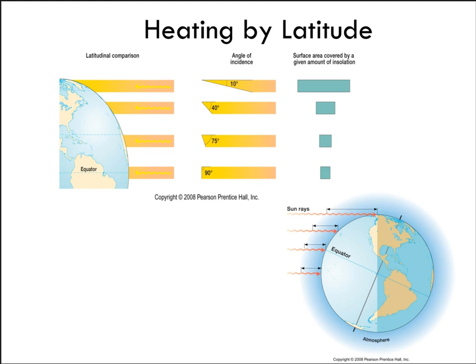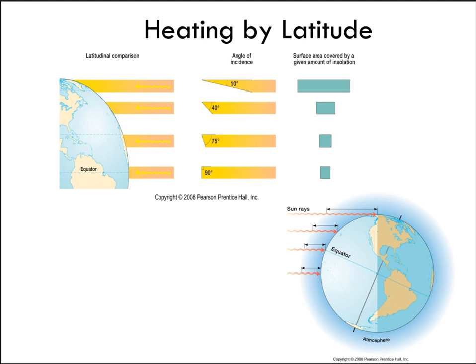But when the rays hit the Earth at an acute angle, an angle that measures less than 90 degrees, the same amount of insolation spreads out over a larger area. And because the same amount of energy covers a larger area, each part of that area gets less energy. So the more acute the angle of the sun's rays hitting the Earth's surface, the less thermal energy a particular place gets.